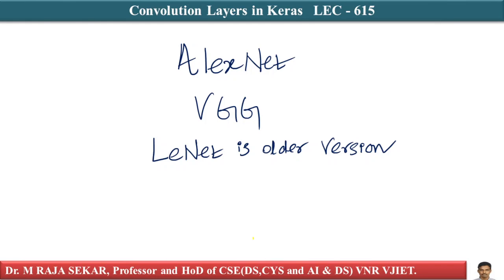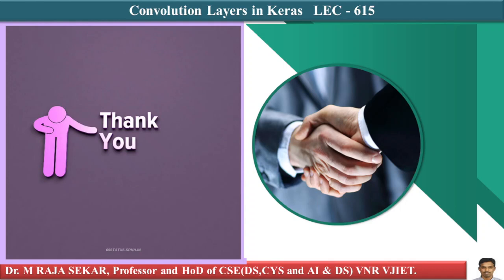There are more recent versions since 2012; I think VGG is from 2014. We will understand the architectures of all of them, both visually as well as in Keras code, because nothing beats code. Code gives you the cleanest idea of network architecture.